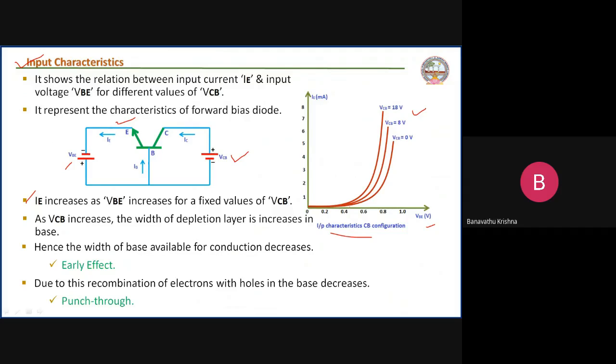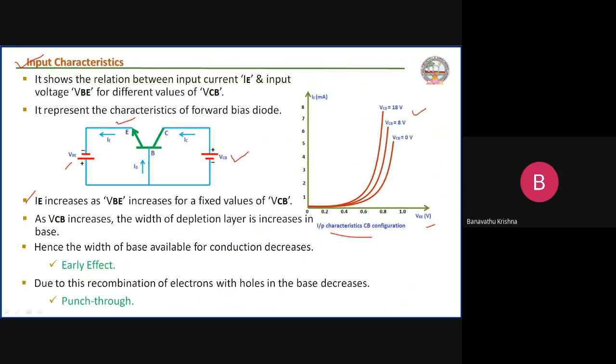The cut-in voltage for a silicon transistor is 0.7 V. As VBE increases for fixed values of VCB, IE increases. This is the IE value, the emitter current in milliamps. It is increasing as we increase the base to emitter voltage for different values of the collector to base voltage. Let us see one more point here.